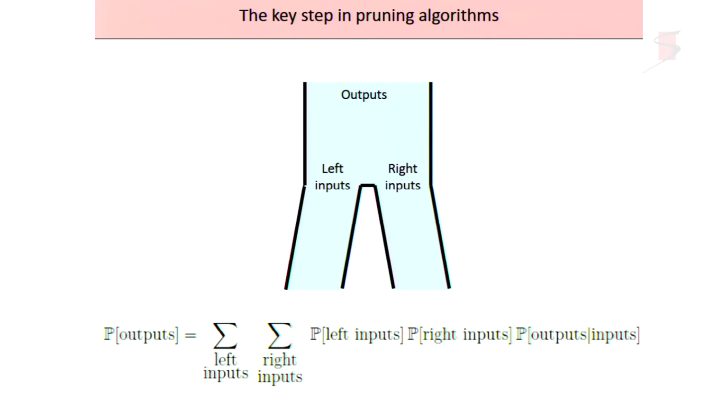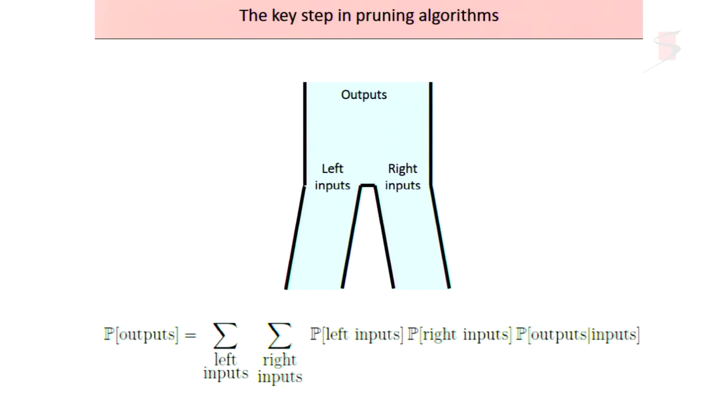And if we want to compute the probability distribution of the output of the ancestral branch, it has a structure where there's a sum over all possible left inputs to that ancestral branch, a sum over all possible right inputs to the ancestral branch, probability of the left inputs, probability of the right inputs, and then the probability of the outputs given inputs. So this last bit is what happens on this branch given what showed up at the bottom of the branch.